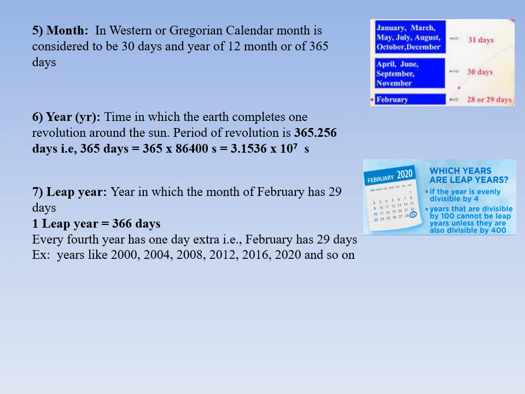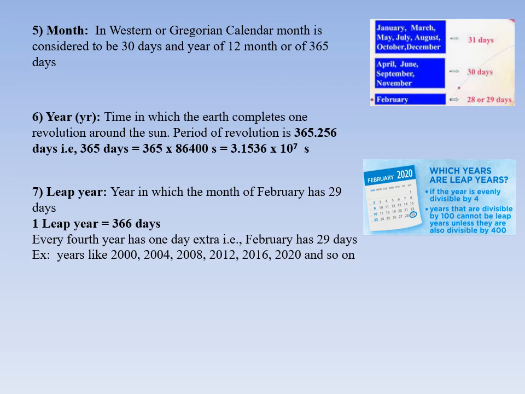Every 4th year, that is a year divisible by 4, has 1 day extra in the month of February, that is February 29. So that will be a leap year. For example, the years like 2000, 2004, 2008, 2012, 2016 were leap years. 2020, 2024 will also be leap years.